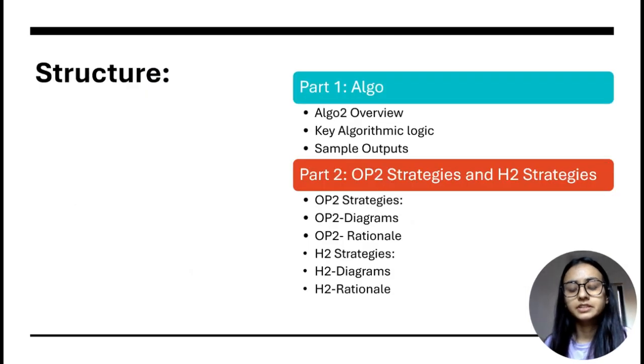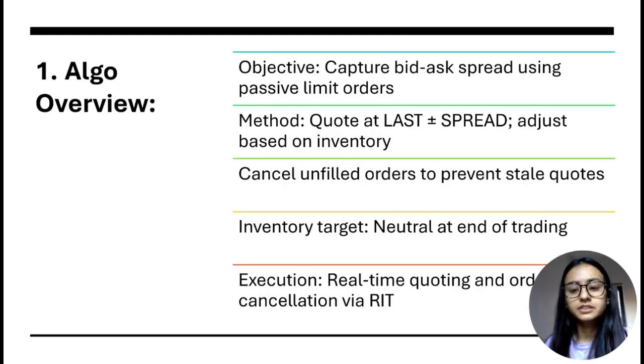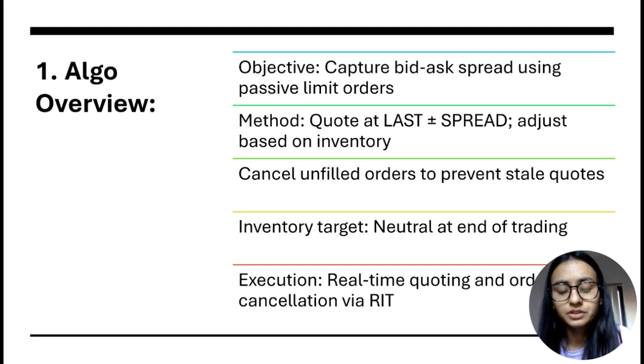You can see here the structure, and after that is the algo overview. The algo focused on creating a market making algorithm that submits bid and ask quotes around the current market price and manages risks through inventory control. Our algorithm uses VBA in Excel to interact with the RIT platform.